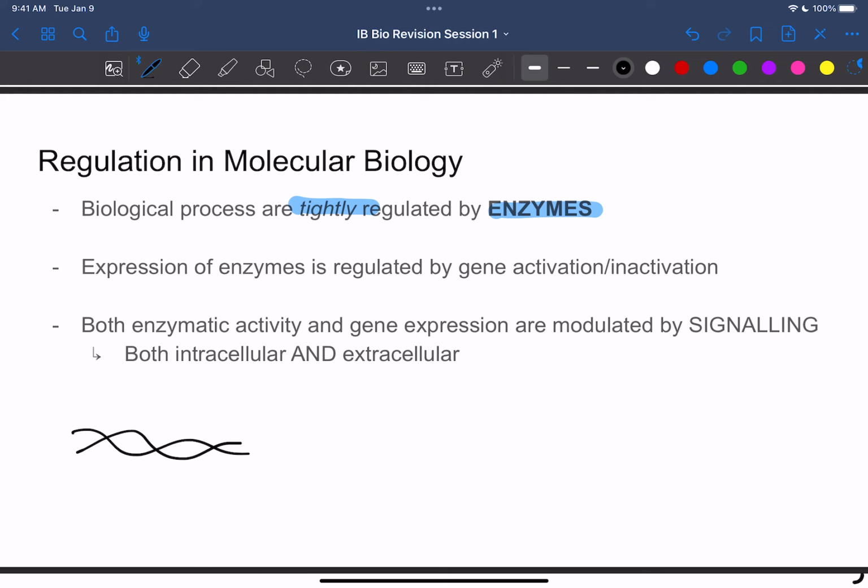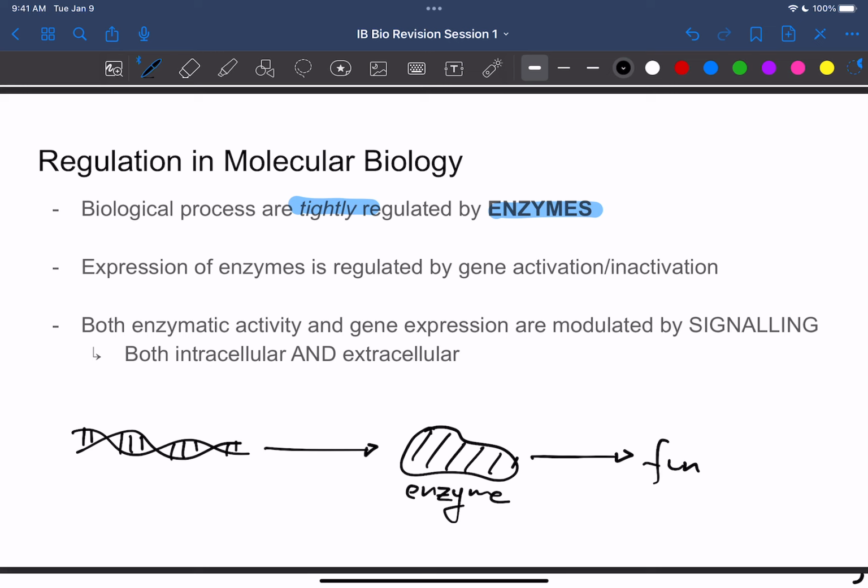We have our little DNA molecule right here, and we're going to go through transcription and then translation, and then we're going to draw a little enzyme here that does a particular function, that does its job.